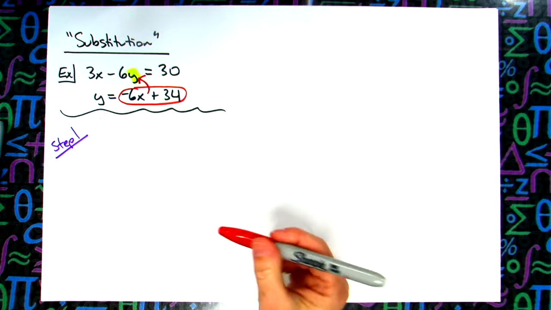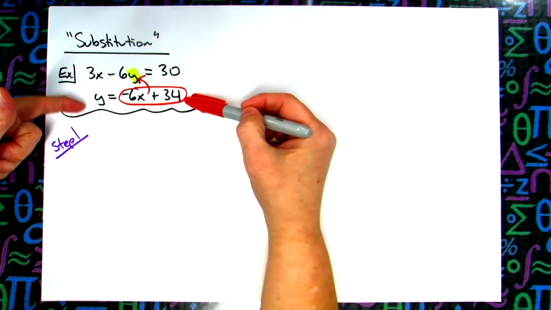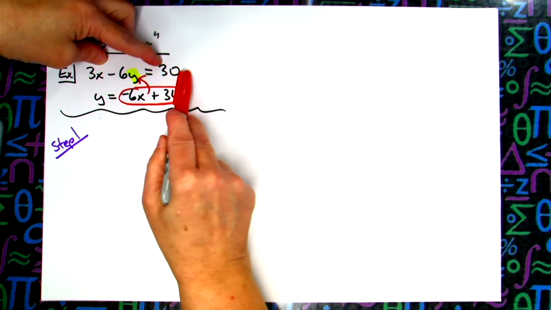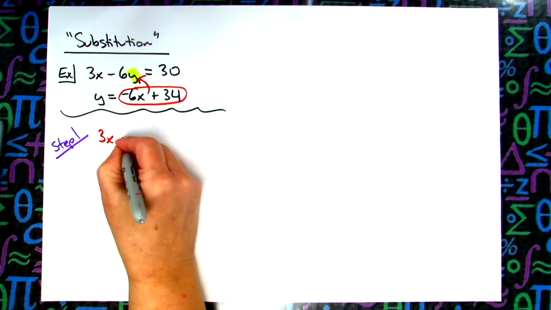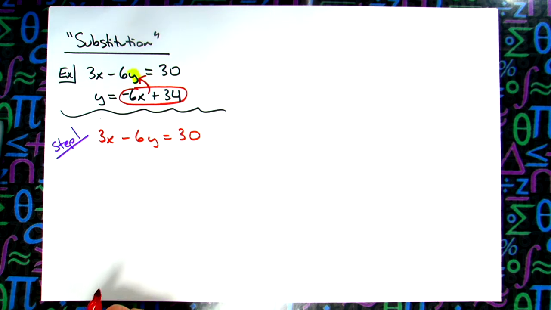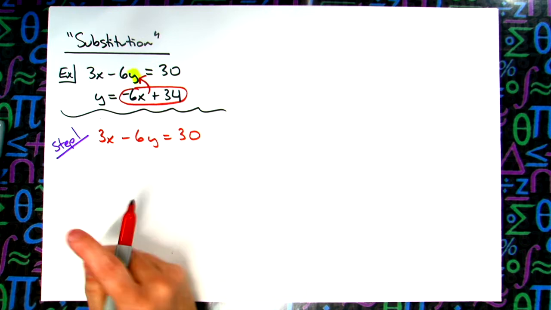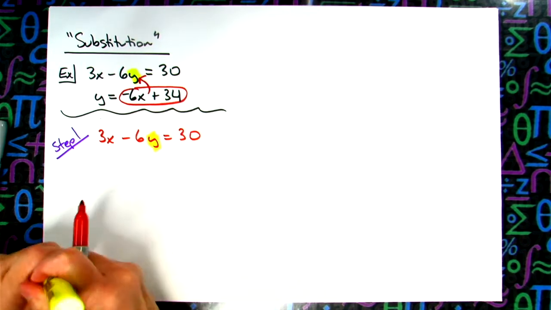Because I did this thinking before I started the problem, I know this quantity is y, and I'm going to replace it. So I'm going to take that first equation and write the whole thing out: 3x minus 6y equals 30, just so that we can show all of our steps. The next time I write this line, I'm going to replace that y with what it equals.